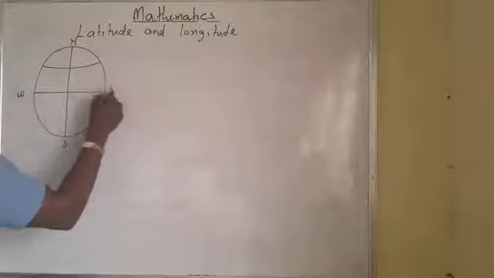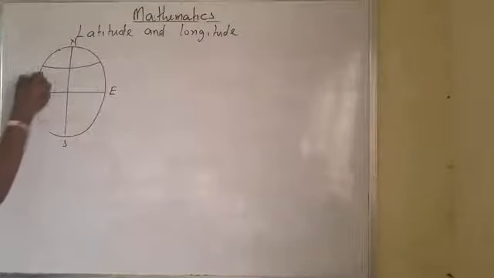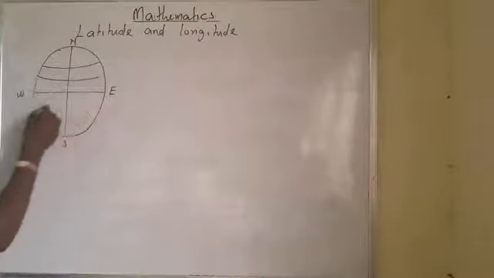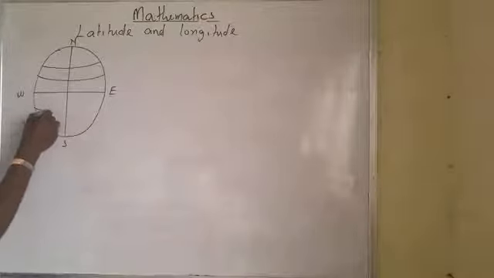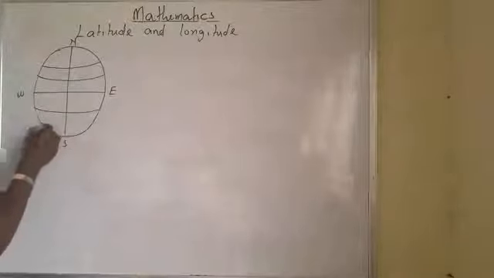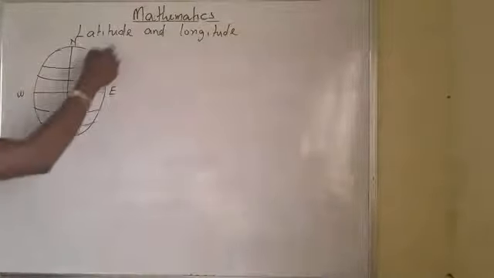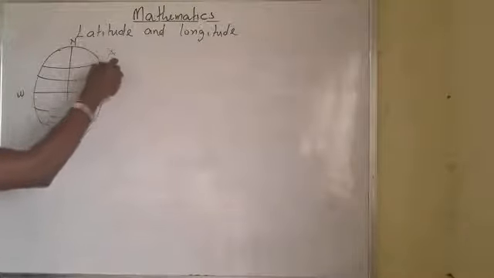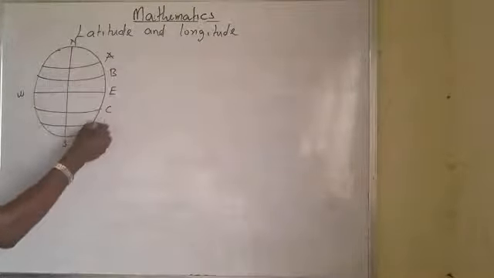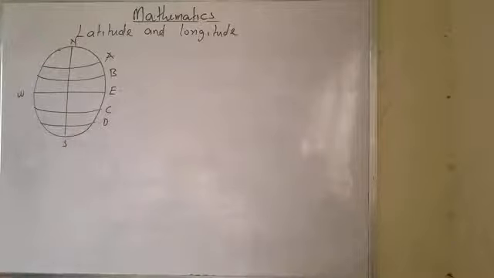Now, here and here and here, all these lines are latitude. Let me put them as A, B, C, and D. They are latitude.